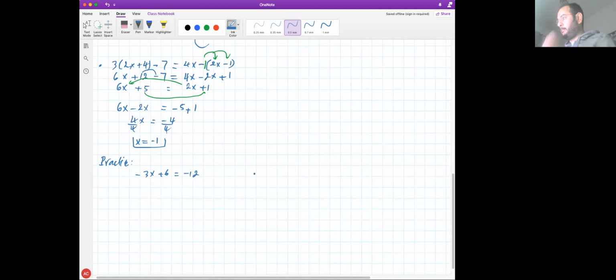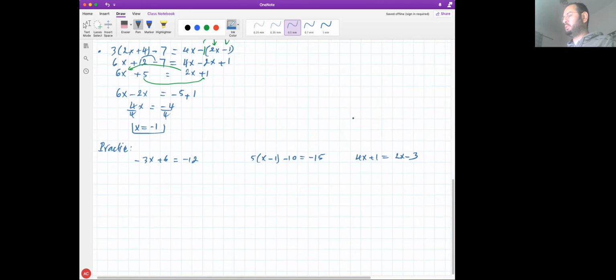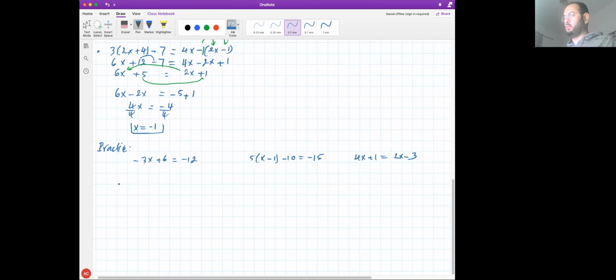And also maybe negative 15 here. And if 4x is another one, and maybe a longer one.